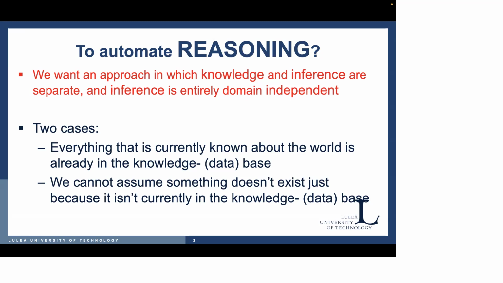So all the facts exist in the knowledge base, and we do reasoning. So our reasoning outcomes are based only on this information that exists in the knowledge base. And the second obvious case is when we don't have such assumptions. So we explicitly assume that there might be knowledge that doesn't exist at the current moment in the knowledge base.